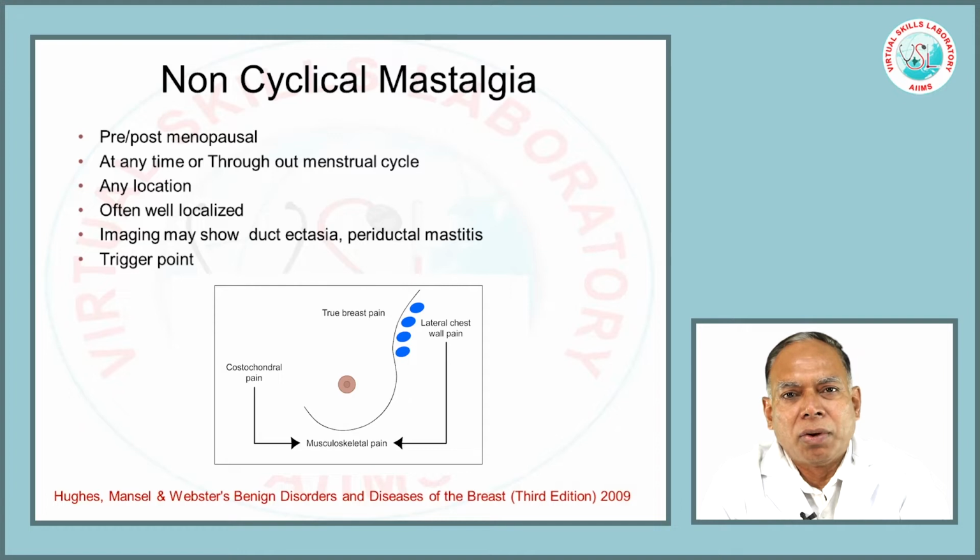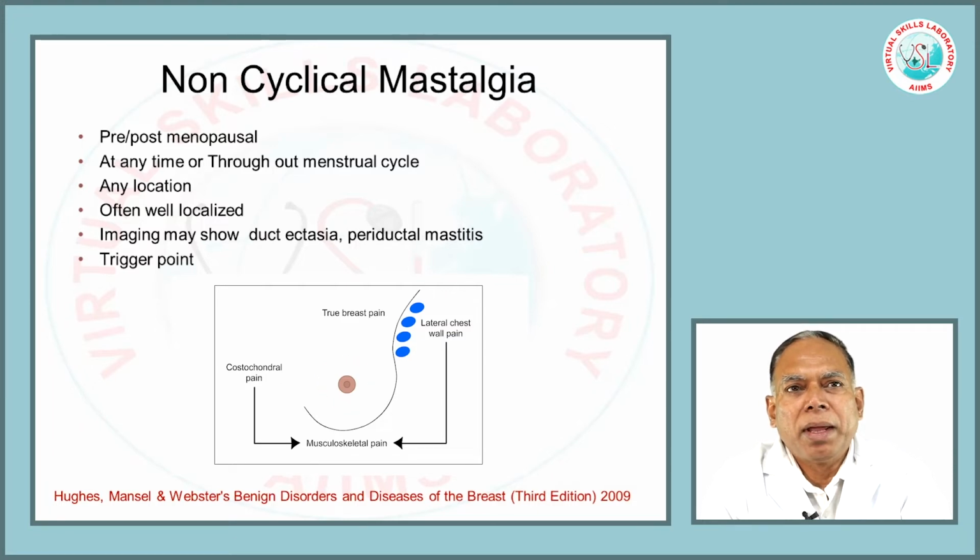It is often well localized, and some causes of mastalgia of non-cyclical nature may actually be due to diseases of the major mammary ducts like ductectasia or periductal mastitis. These patients with major duct disease present with a central type of non-cyclical mastalgia. That is to say, pain is confined to the region of the nipple and areola.